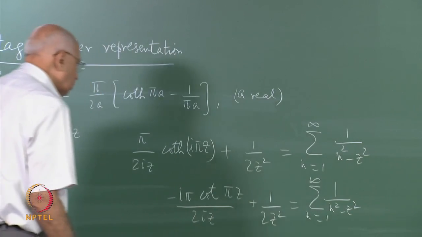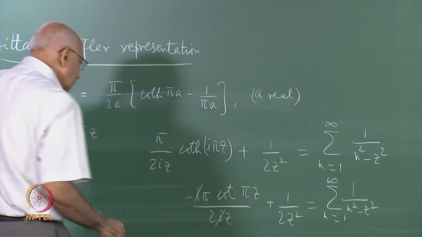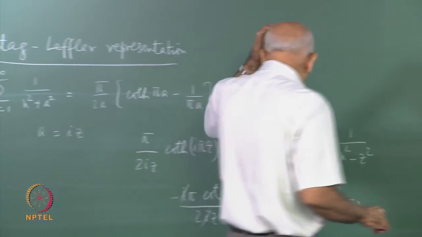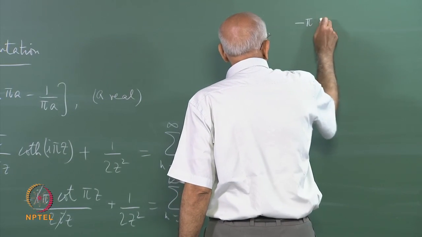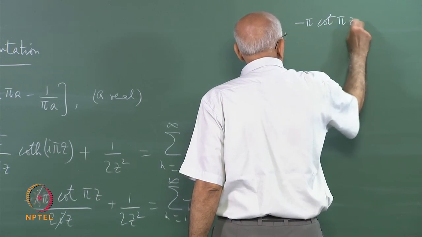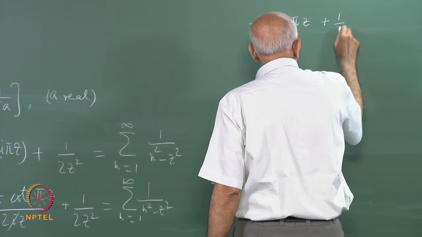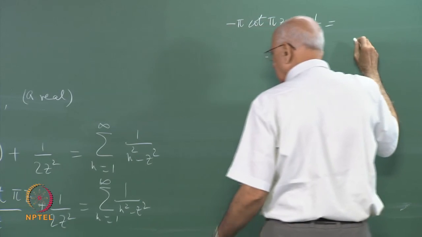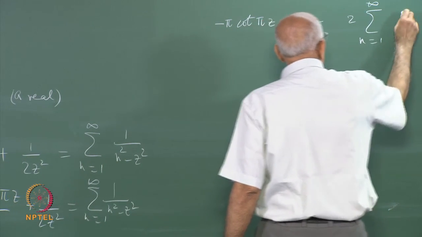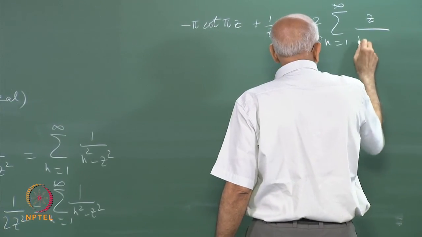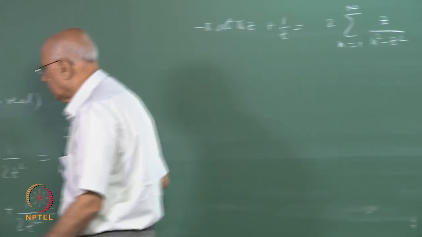So let us solve this for cot, and then this I goes away on both sides, and I get minus pi cot pi z, I multiply by 2z, so this is plus 1 over z equal to twice summation n equal to 1 to infinity z over n squared minus z squared, and there was a minus there, so I want to get rid of that.